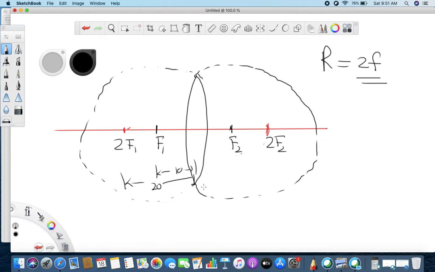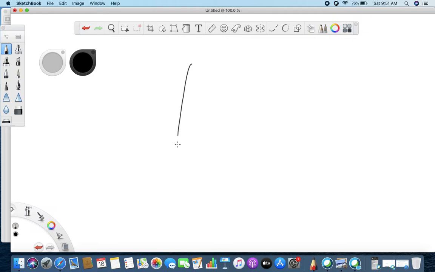The distance between pole and the center of curvature is called radius of curvature. The distance of pole and focal point is called focal length. Everything is the same for the lens. So here again I draw the lens. This is your principal axis.